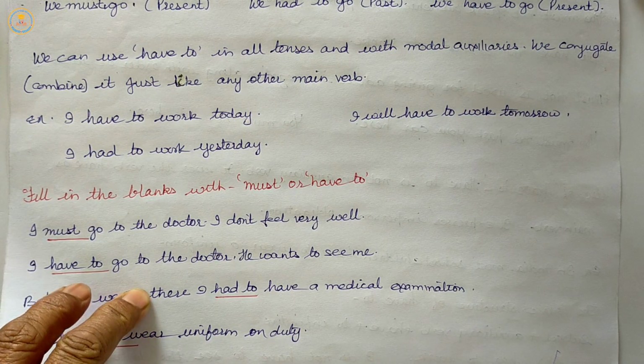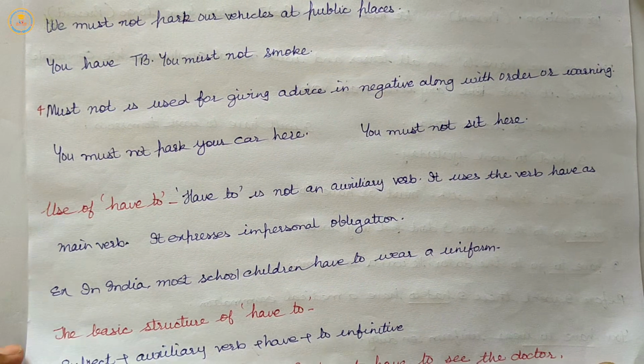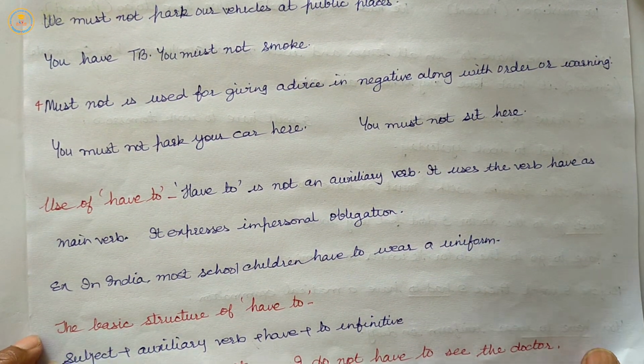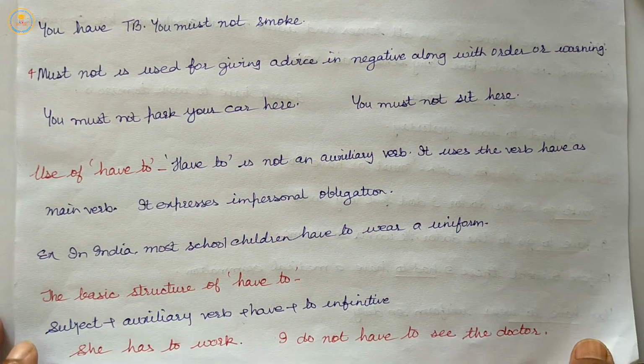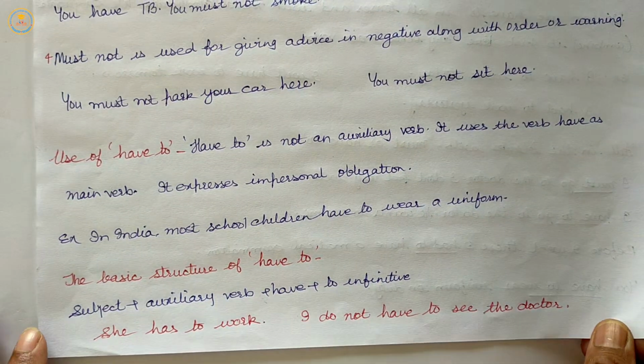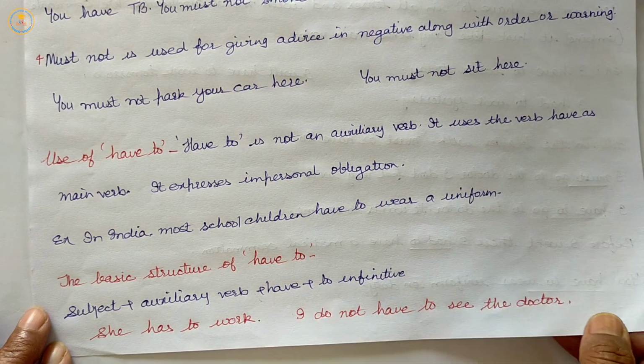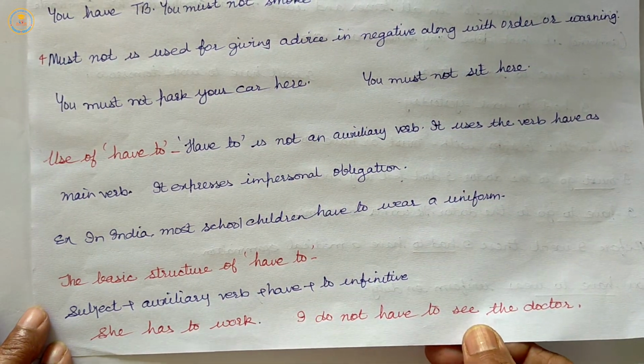So, here are some rules related to have to. It expresses impersonal obligation. It uses the verb have as main verb, and have to is not an auxiliary verb.